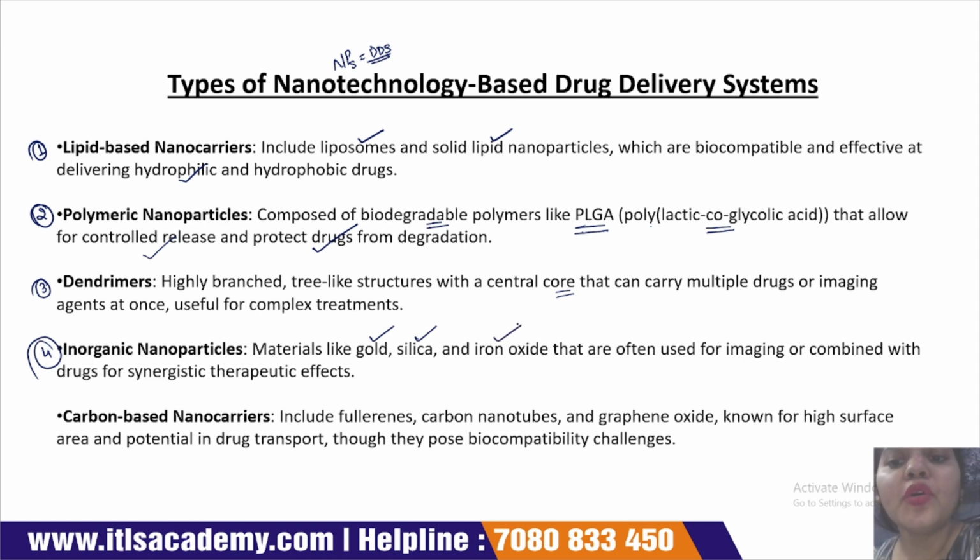These are used for imaging or combined with drugs for a synergistic therapeutic effect. Next, carbon-based nanoparticles such as fullerenes, carbon nanotubes and graphene oxide. These contain a high surface area, which is why they are used for drug transport.